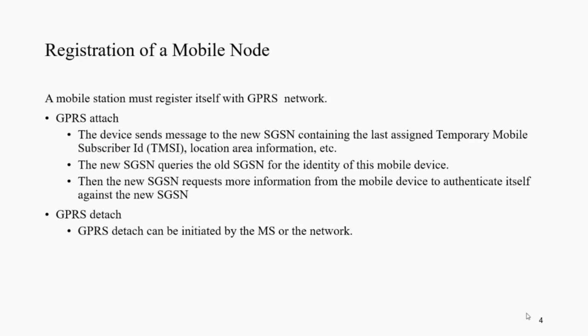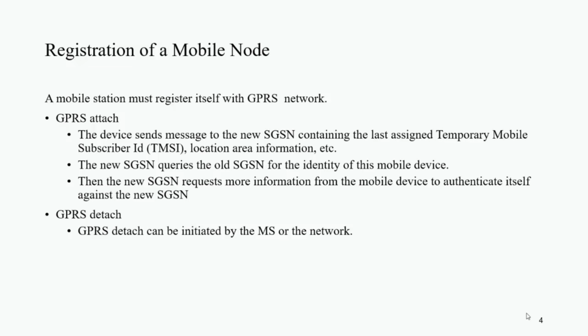Then with the help of this TMSI number, the previous SGSN searches for the user in its local HLR and sends a positive or negative acknowledgement to the other SGSN. And when the user attaches with the new SGSN, then its location is updated on the previous SGSN. And when a new request comes, we forward this request to the user's new SGSN.